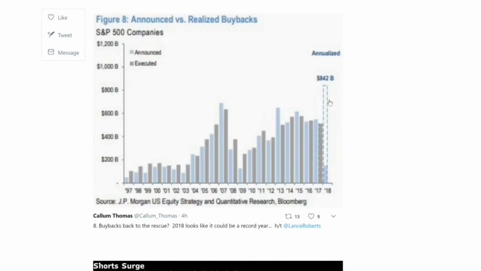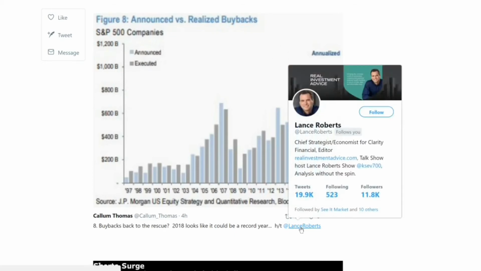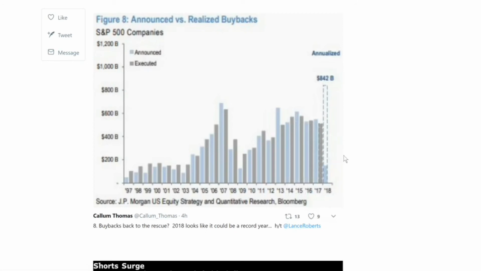And one potential reason for optimism or pessimism, depending on whether you're glass half full or empty. This one shows you announced versus realized buybacks shared by Lance Roberts there, and pretty interesting, really. So you look at this, it's annualized, so I guess you take that with a grain of salt, because they could change their plans for the rest of the year.